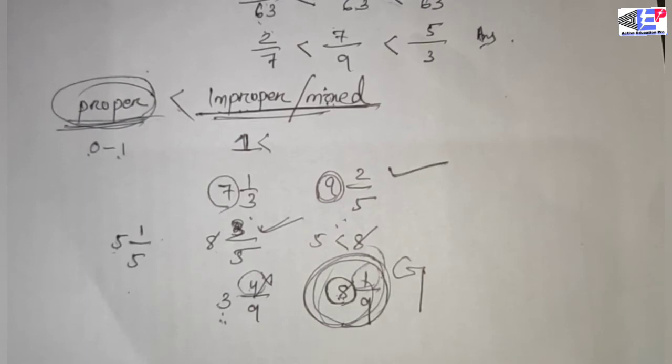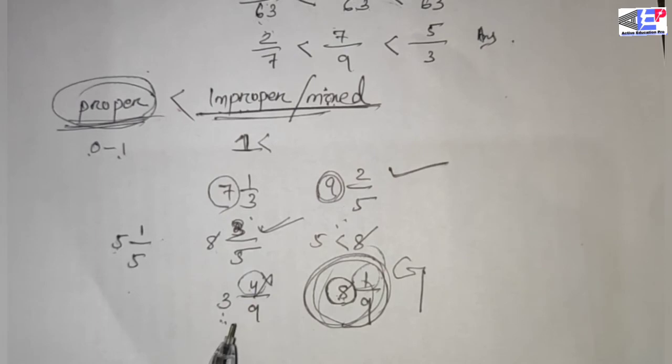And you know very well, an improper fraction converted to a mixed fraction contains a whole part with a proper fraction. The fraction must be a proper fraction.